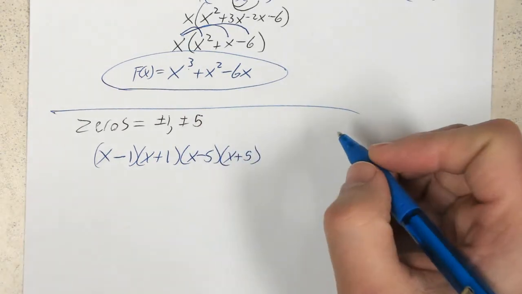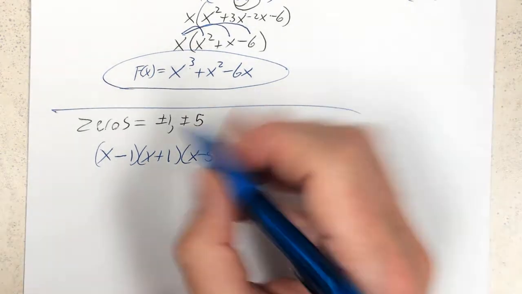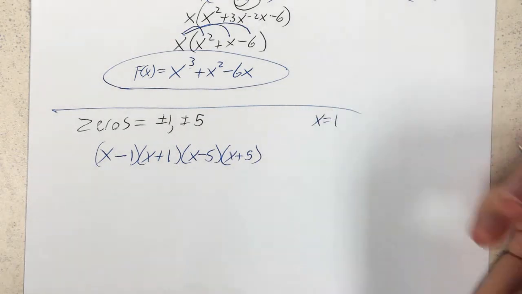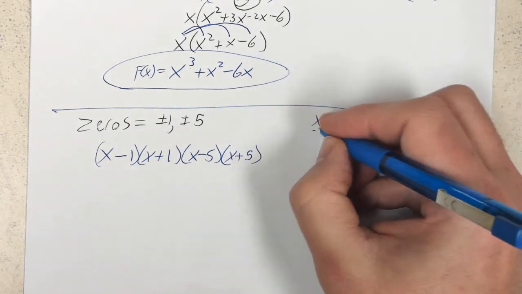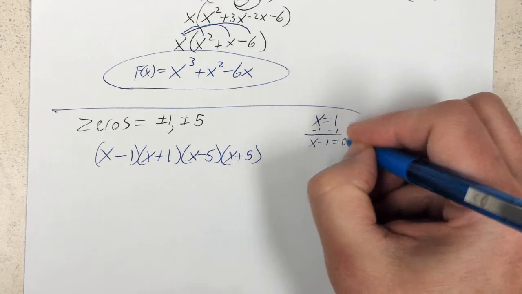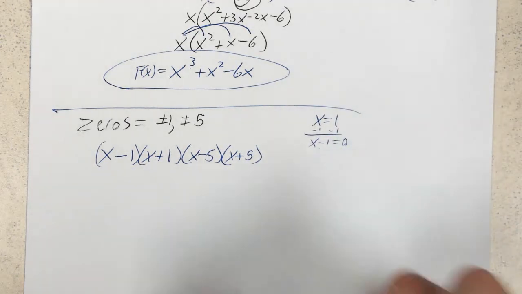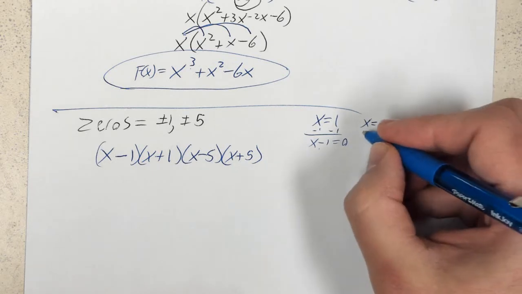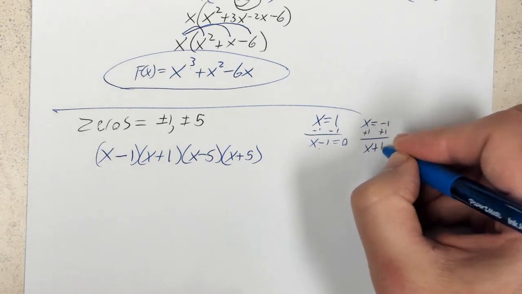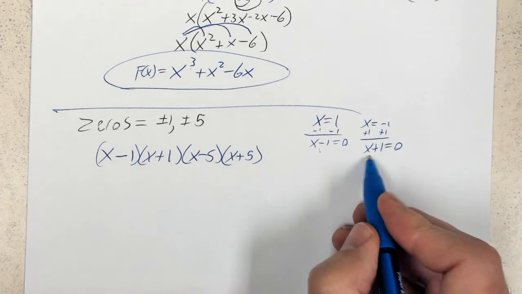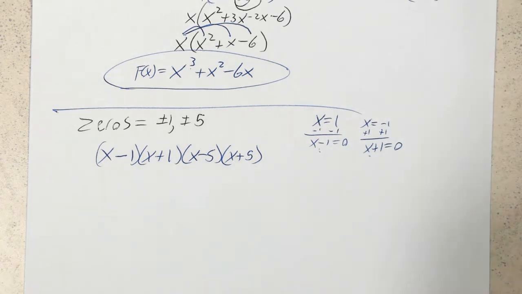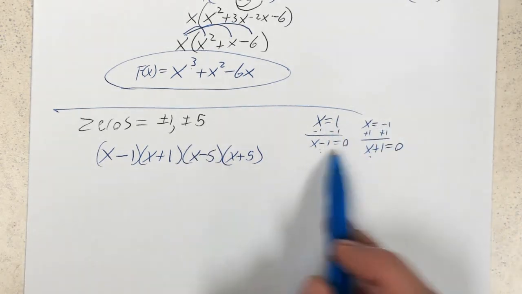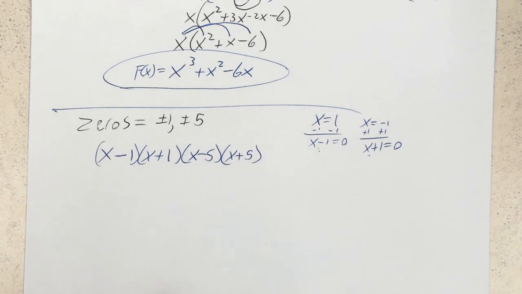Just so we see it, if I take positive 1, x is equal to positive 1, minus 1 on both sides, x minus 1 is equal to 0. And it's going to be the opposite if I do x is equal to negative 1. So I'll have to add 1, x plus 1 is equal to 0. And it would be the exact same thing if you did plus or minus 5. So that's where that comes from.